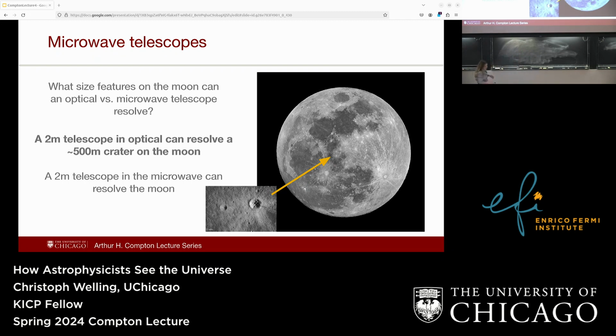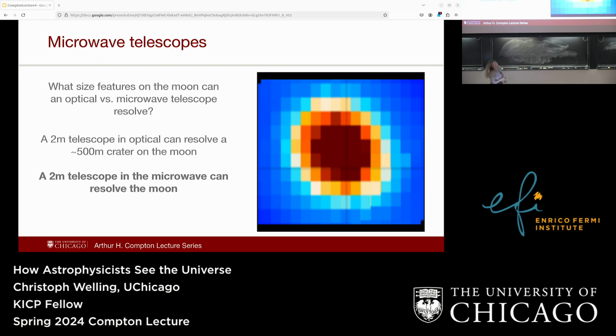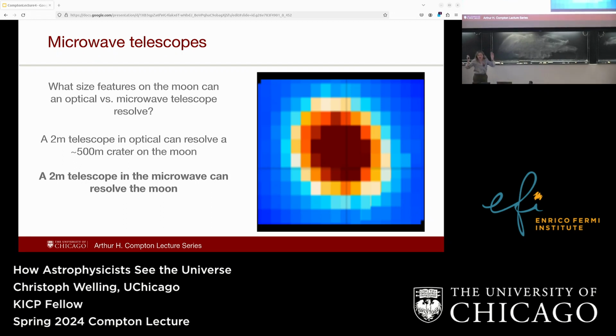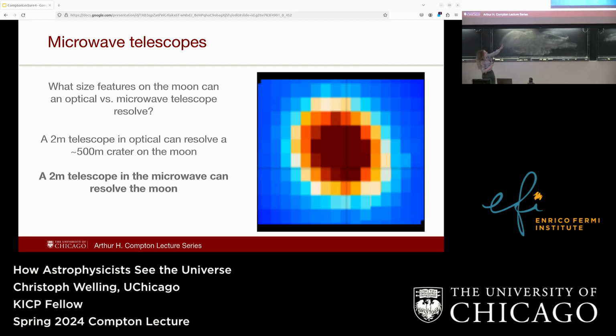And if you take that same size aperture, but you put microwave detectors in it instead, now you're going to see something like that. The moon is barely resolved. This is not fully fair, this is from early testing with a telescope that will get better sensitivity. But it's blurry. Microwaves, once they get big enough, can't be used to resolve things like the moon.